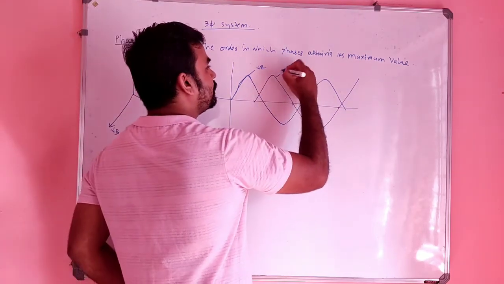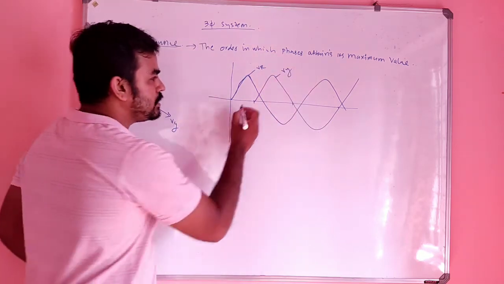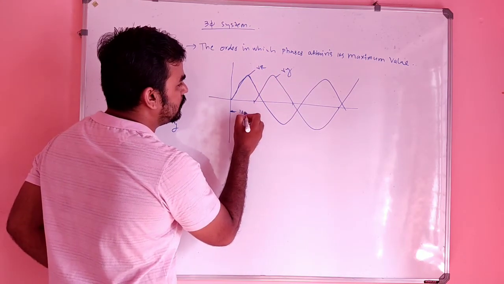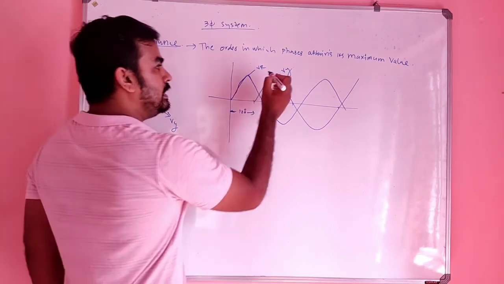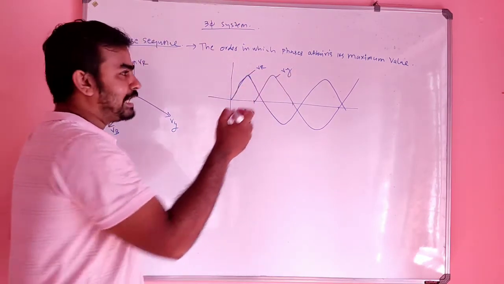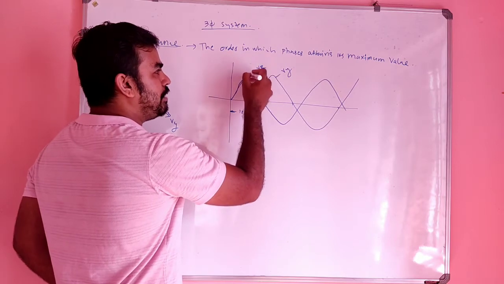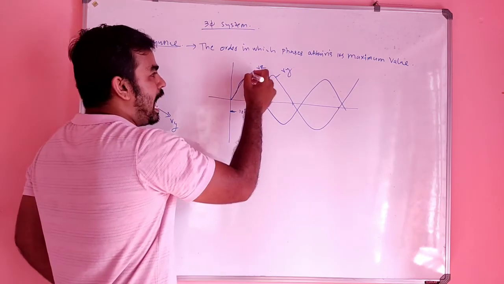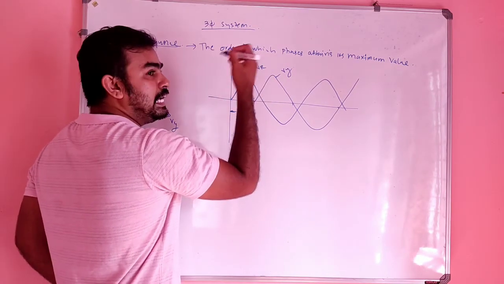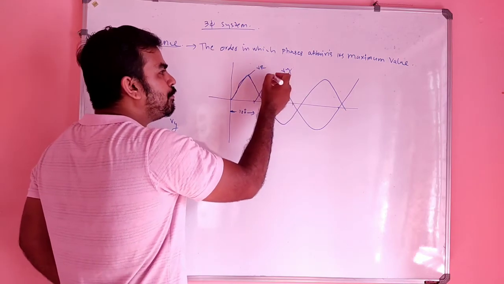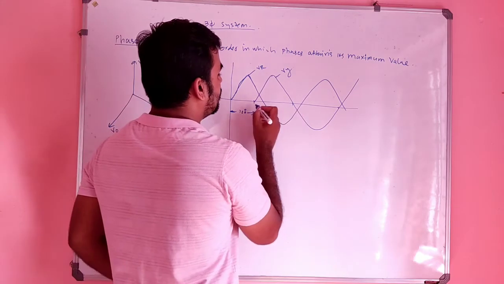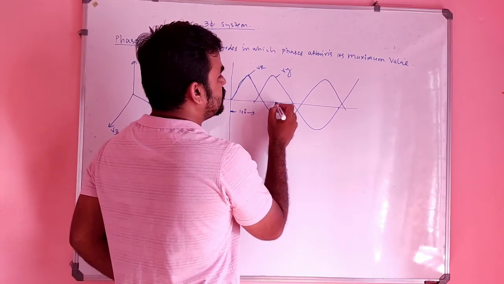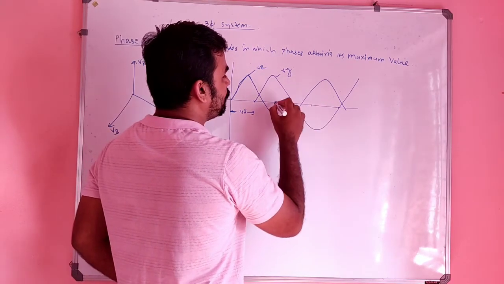That is the Vy. This is 120 degree, of course, this is 120 degree. This is Vy. That means this wave attains its maximum after this wave attains the maximum, right? After R wave attained the maximum value, only Y wave is going to attain its maximum. And again, this is 180 and this is 240.